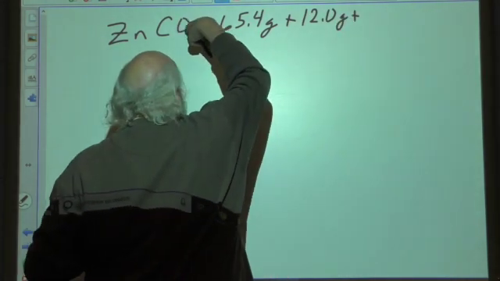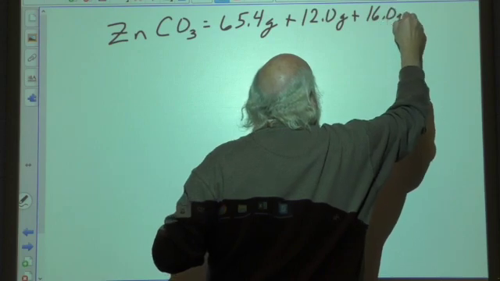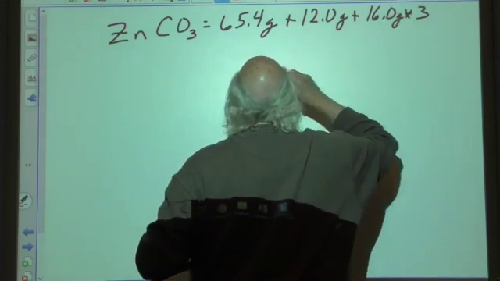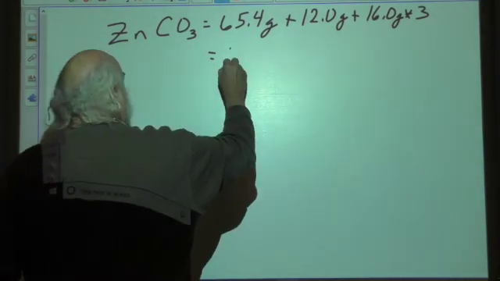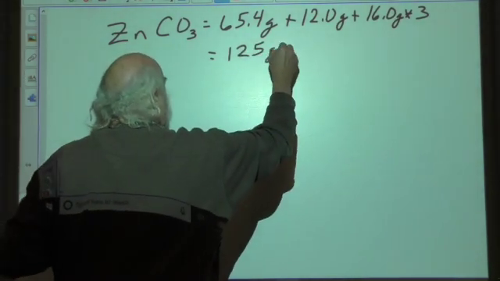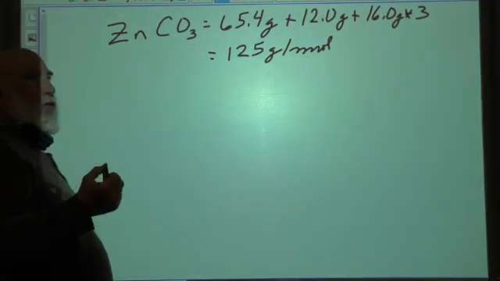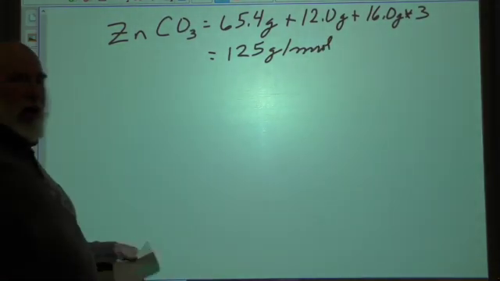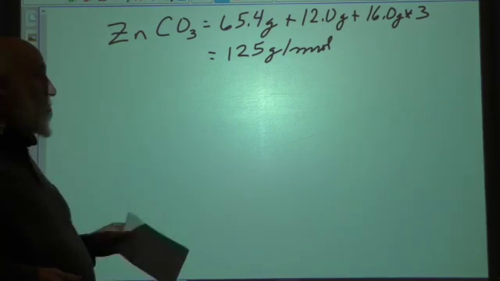And the oxygen, we have times 3, so oxygen is 16.0 grams times 3. And we get for that 125 grams per mole. So we're looking at the molar mass. You could also look at the molecular mass using amu per molecule. It's the same value regardless.